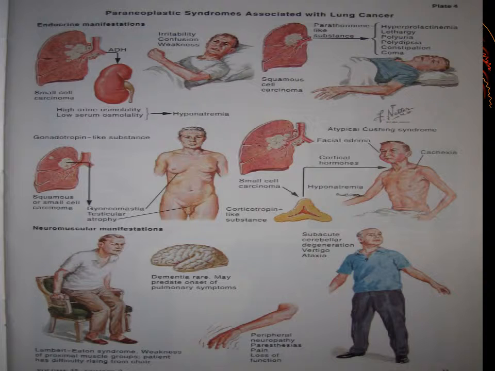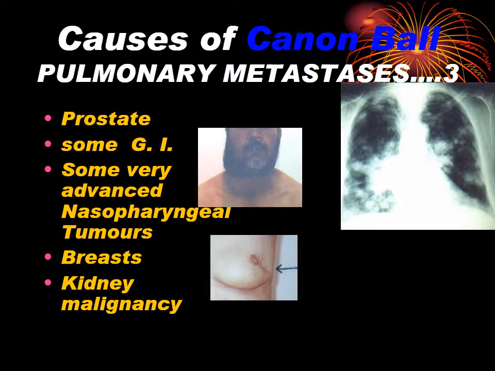And these are the paraneoplastic syndromes associated with lung cancer. You can look at this picture, and all the paraneoplastic syndromes with lung cancer are here in this picture. Causes of cannonball pulmonary metastases: also the prostate and some GI tract cancers, some very advanced nasopharyngeal tumors like this.